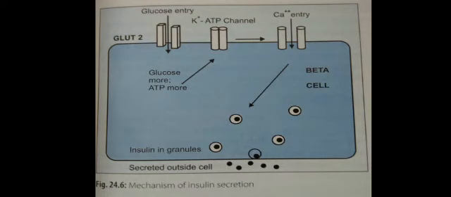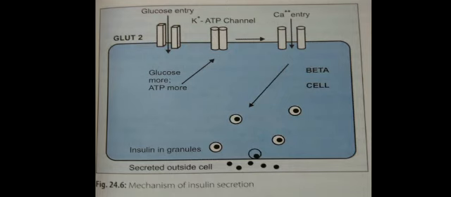Only then can calcium entry happen. When calcium enters the cell, the intracellular calcium concentration increases. Now what happens when it increases? This induces calcium mediated exocytosis of insulin granules.